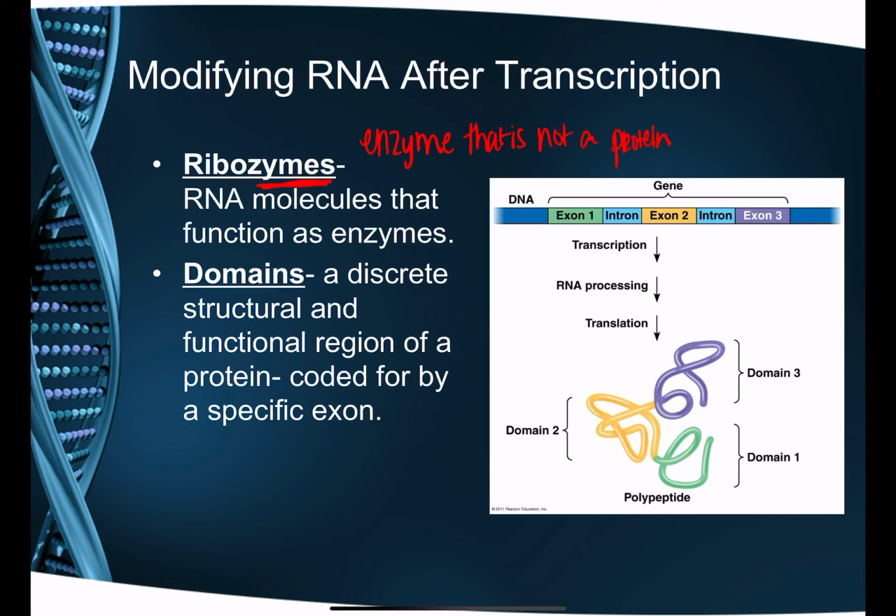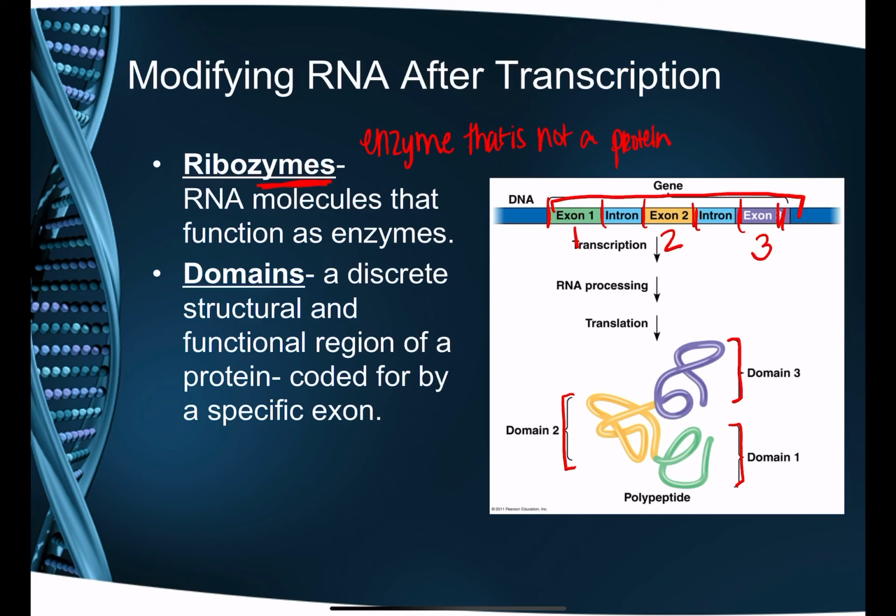And then the domains, okay? So we've talked about domains before in DNA. So domains are parts or polypeptides of a protein that are coded for by different pieces, okay? So we have one gene that has domain 1, 2, and 3. And those are kind of different polypeptide pieces that come together to make a functional protein, okay?